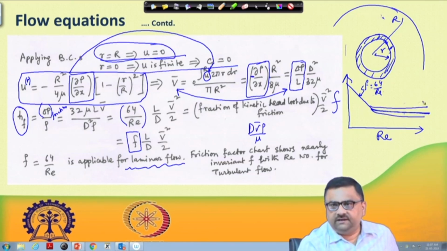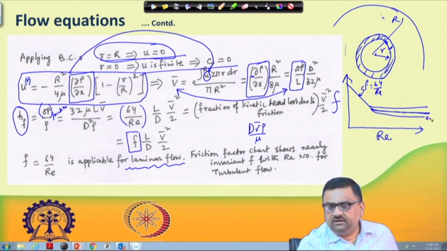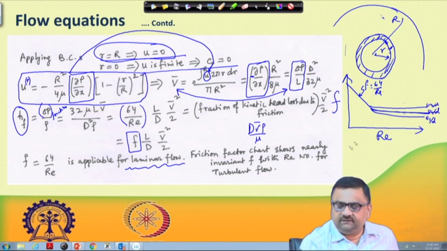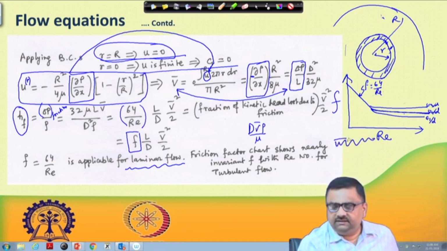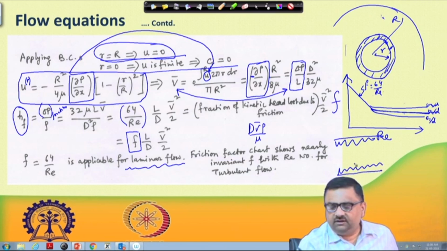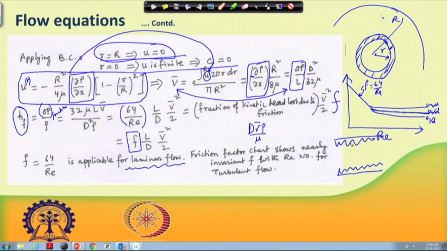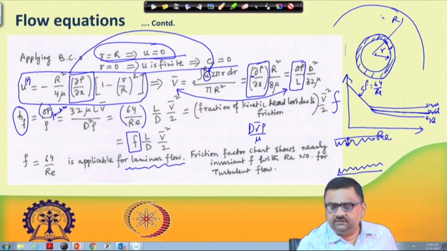For various values of epsilon by D for a pipe, you can see there are different lines drawn, and these lines are basically for different roughnesses, epsilon 1 by D, epsilon 2 by D. This epsilon is not porosity, by the way. This epsilon is roughness, in the sense that the pipe inner wall is not smooth. Some roughness would be involved, so how much would be this height?